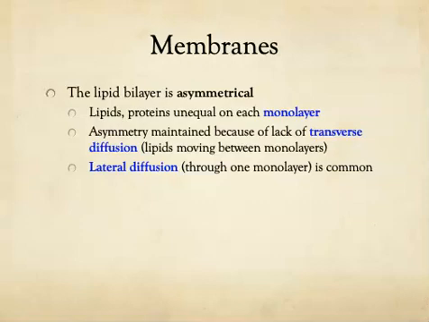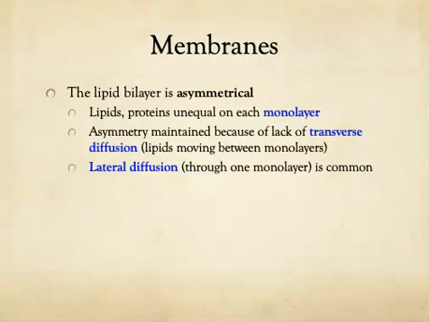The asymmetry that we see between the two monolayers, the outer and the inner monolayer, is maintained as asymmetrical because there's a lack of movement between the monolayers. In other words, we'll see phospholipids and proteins sort of bobbing around and moving within each monolayer, but we don't see movement between the monolayers.